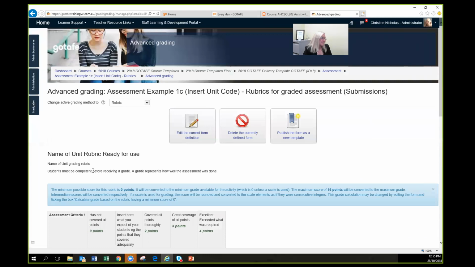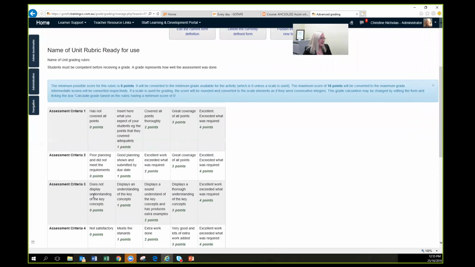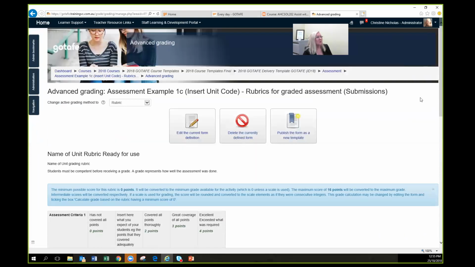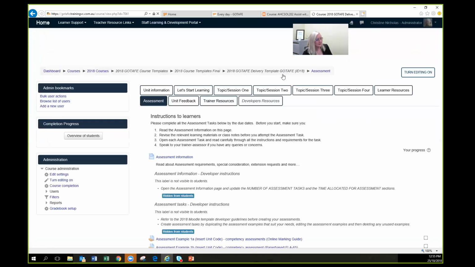I think someone mentioned that they would mark them as competent. So if they weren't competent at all in any of these, then it would be marked as not satisfactory or not competent, depending if it's a final or not.